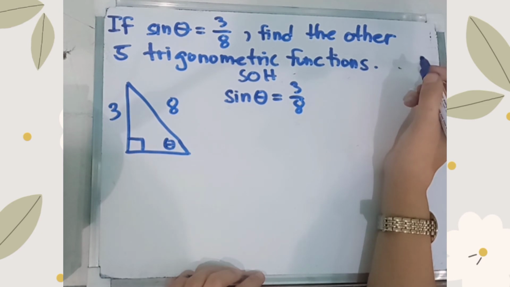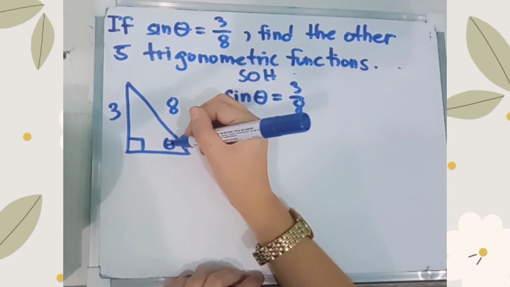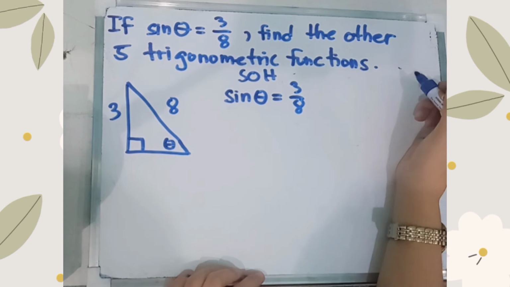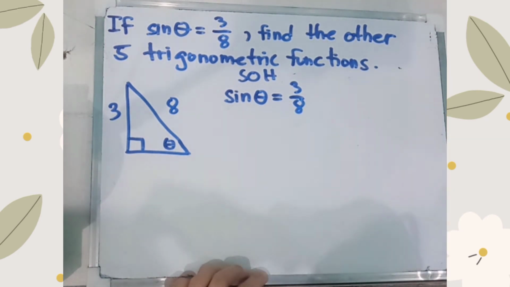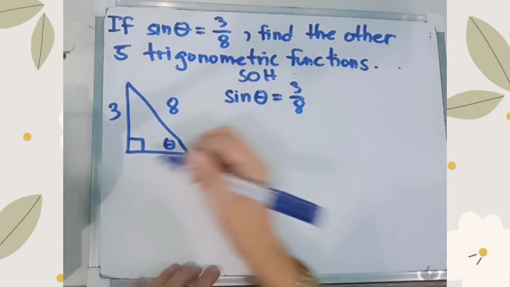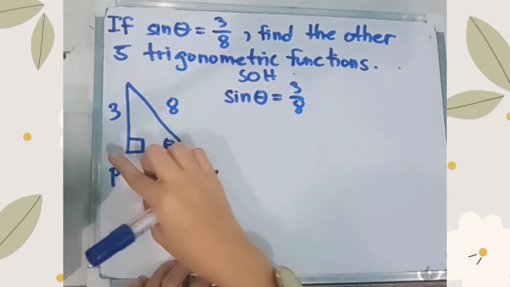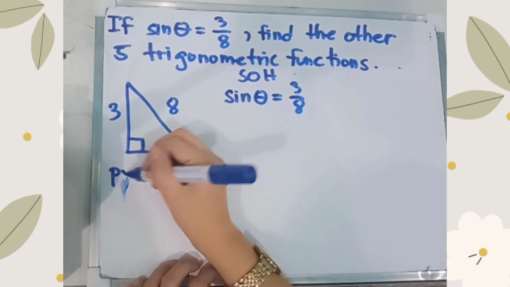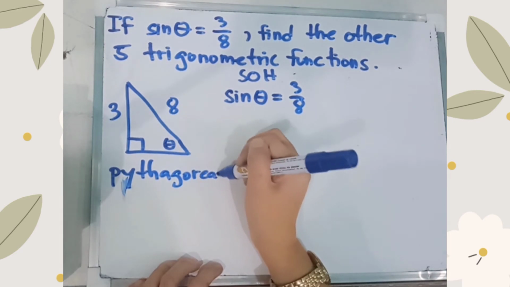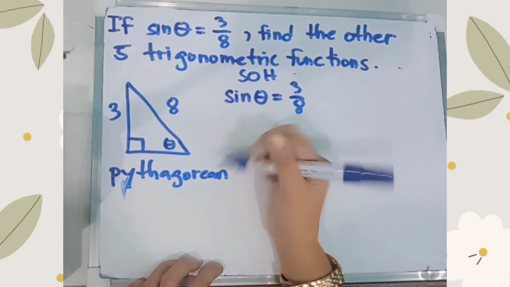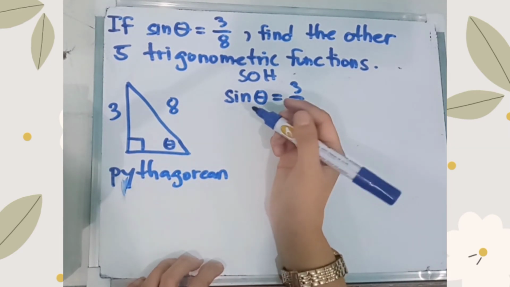So we only have 2 sides. How do you think we can find the other side? I think during your junior high school years, you were introduced to the Pythagorean theorem, which was introduced by Pythagoras.